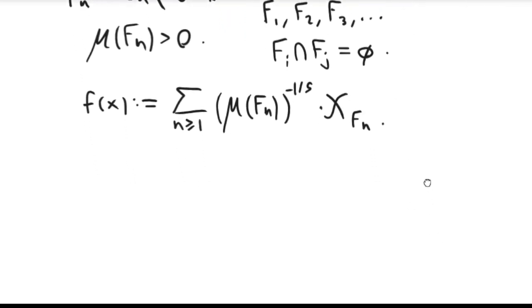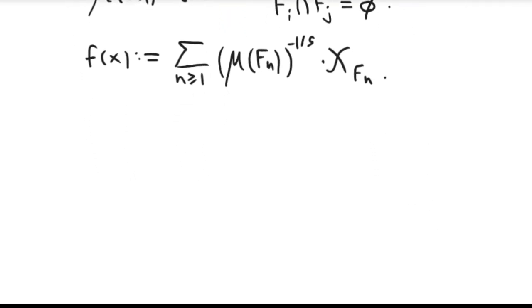Great. One thing that you'll immediately notice, and this will help it make more sense why we define it this way, is what is the integral over x of absolute f to the s power?